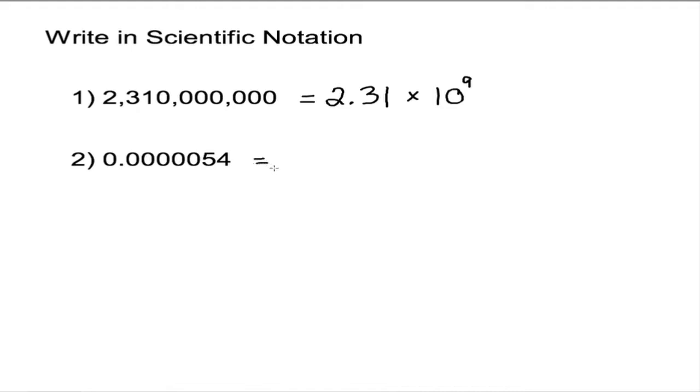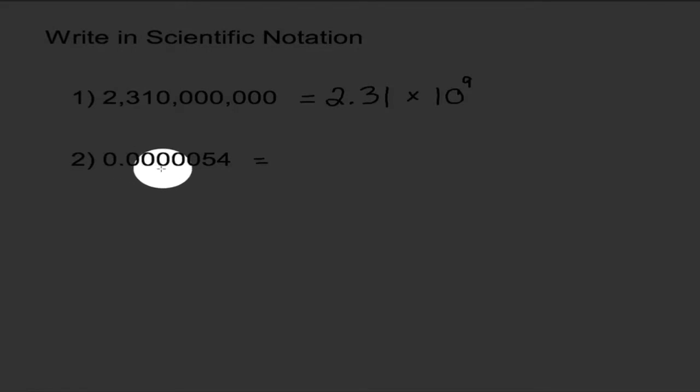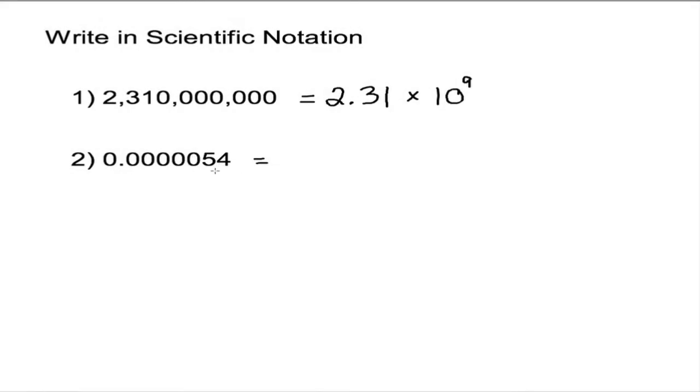Alright, so let's look at this one down here. Locate the decimal point. And we say, oh, this is a really small number. So we need to move the decimal point so that it's between 5 and 4, because that would give us a number that ends up being between 1 and 10. So the question is, how many places do we have to move it? 1, 2, 3, 4, 5, 6. So we're going to move the decimal point 6 places so that we can get 5.4.